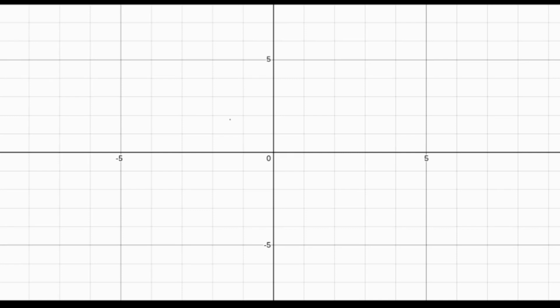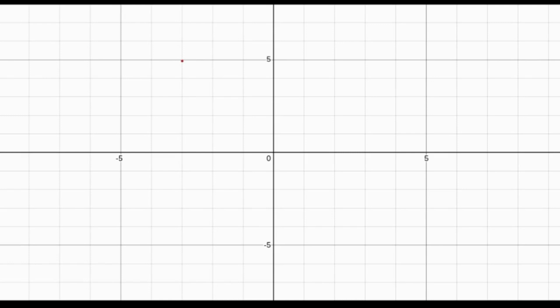So we can go over here. Negative 3 comma 5 is right here. Actually, I'll use a different color. Go with red. Negative 3 comma 5.